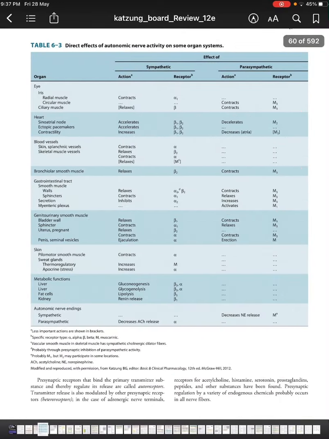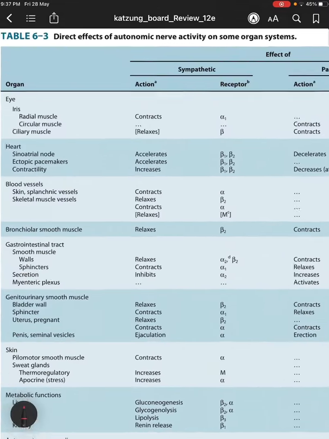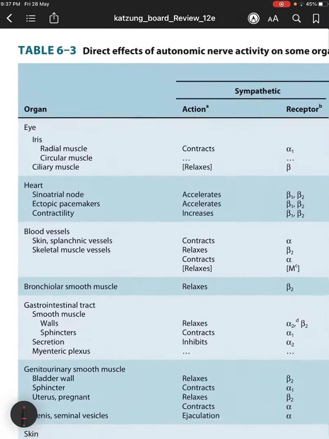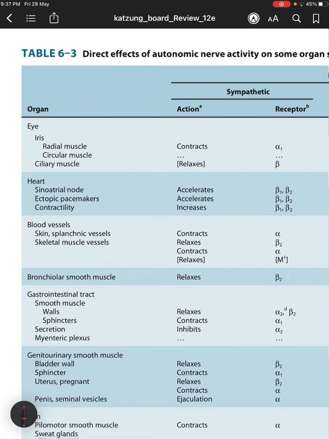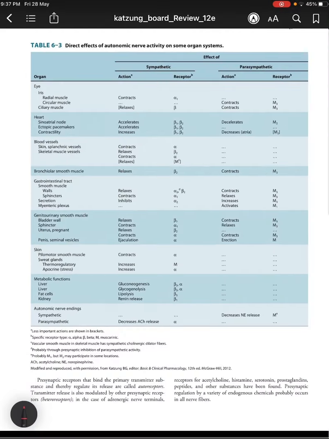Okay, so let us just discuss a few of these actions. So we discussed that mydriasis was what was supposed to happen because of sympathetic action. So if the muscles of the iris constrict because of parasympathetic action, the pupils will dilate. Okay, so that is why your circular muscle and your ciliary muscles will constrict.